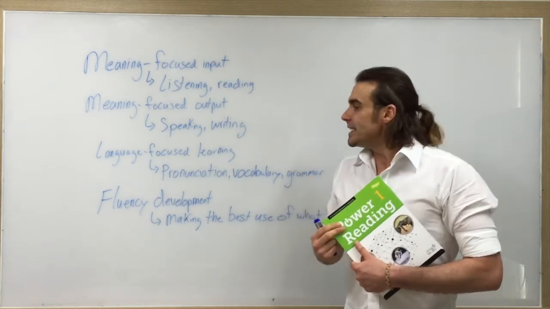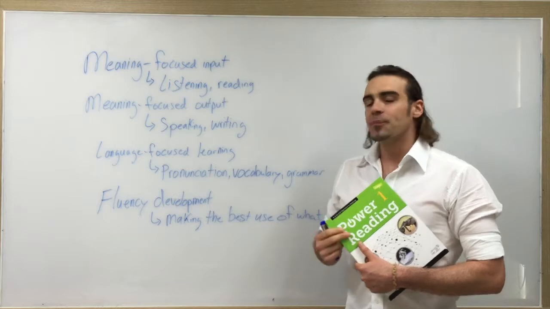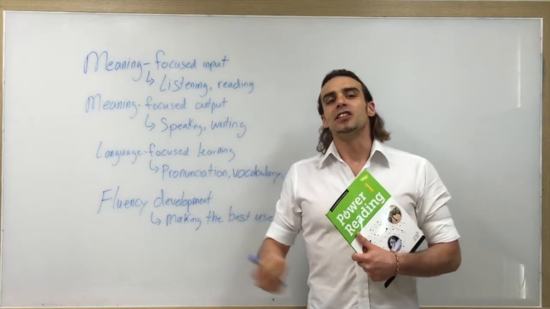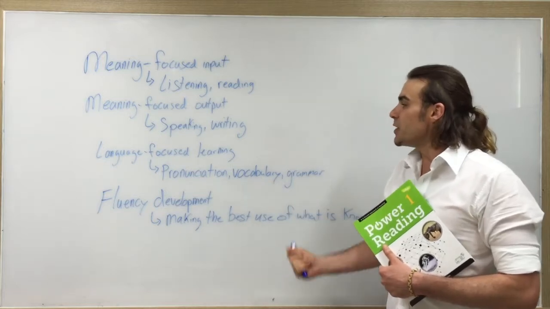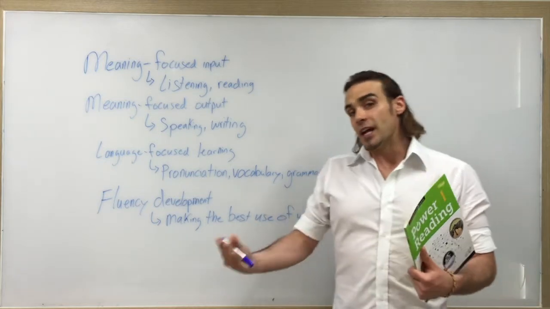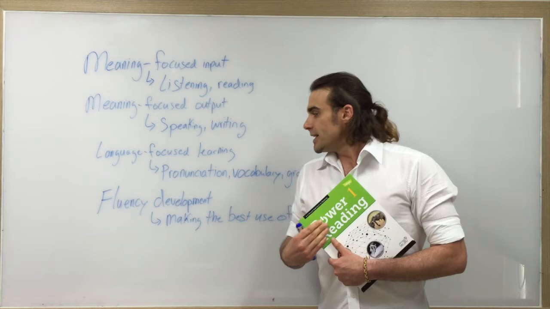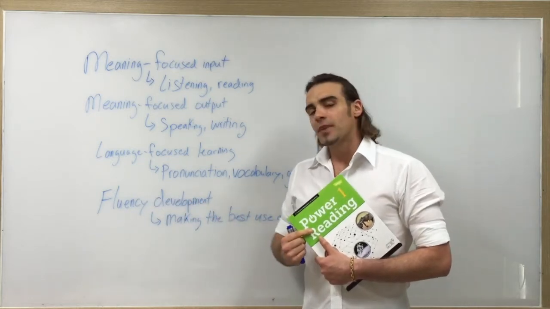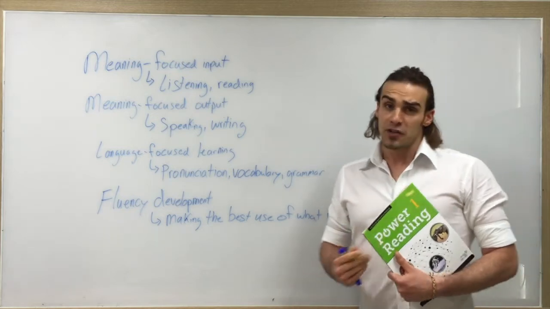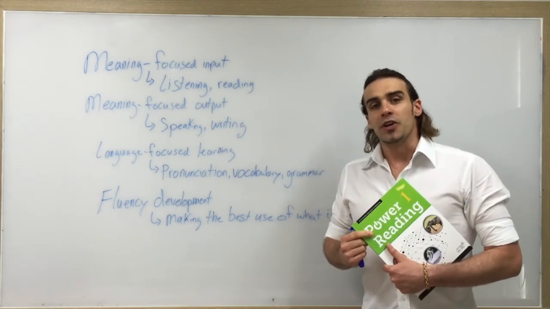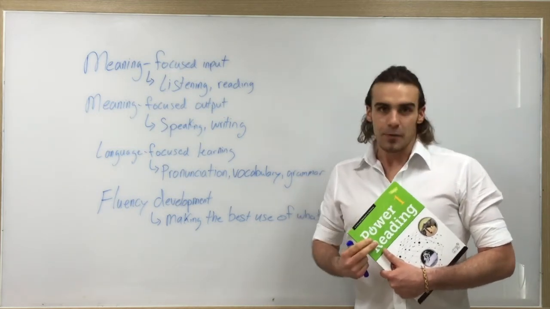The third is language-focused learning, a deliberate attempt to use pronunciation, vocabulary, and grammar to learn the language. The fourth is fluency development, which is making the best use of the knowledge that is already known, and that includes working on the 4 skills of the English language.